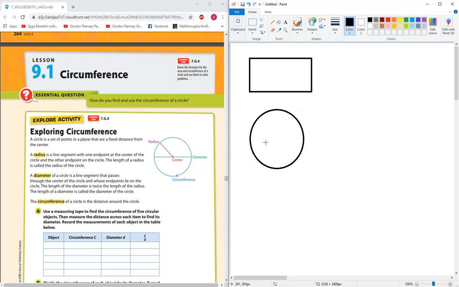A couple of vocabulary words we need to go over. First, the center point. The center of a circle is what everything is based off of. The first vocabulary word you need to know is the diameter.